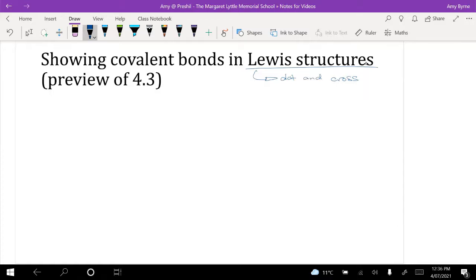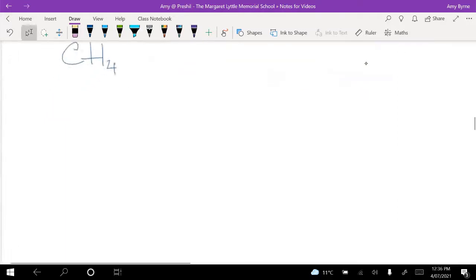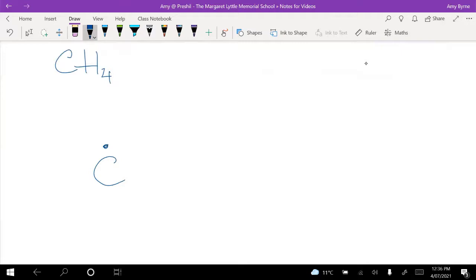If we look at methane, CH4, we only draw the valence electrons. So carbon has 4 valence electrons. Then each of my hydrogens has 1 valence electron.